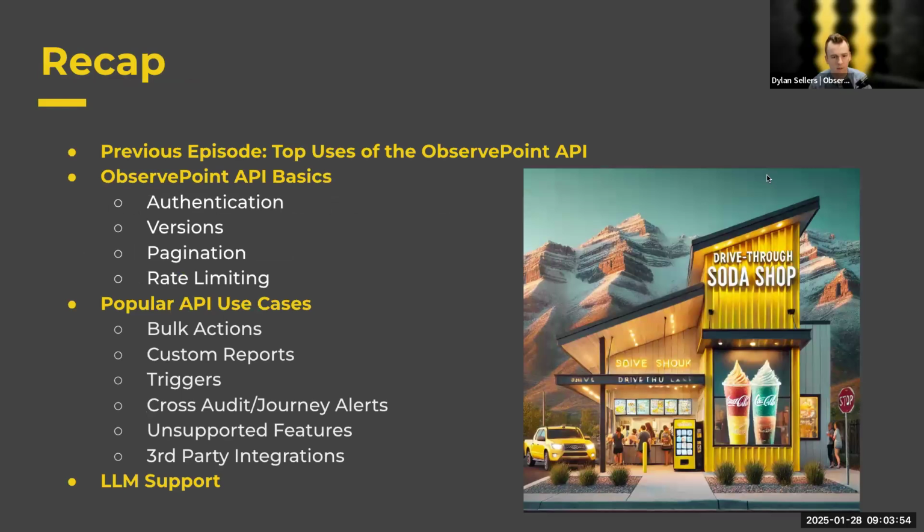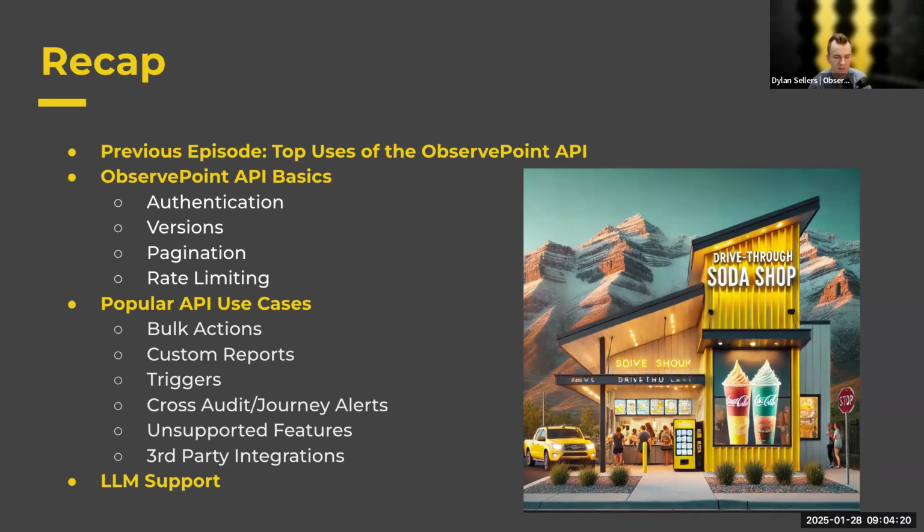So a quick recap. We talked about the top uses of the ObservePoint API. We reviewed some API basics, led by myself and Nick Suter on our customer success team. We talked about authentication, versions, pagination, rate limiting, and some basic principles you need to consider that are common among REST APIs but a little more unique for us.